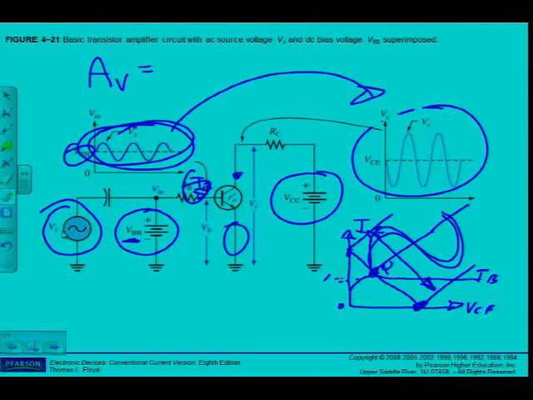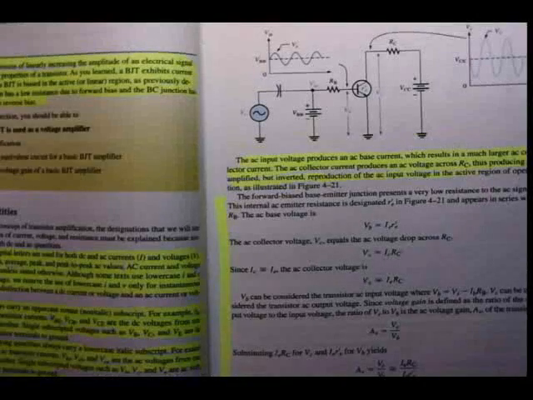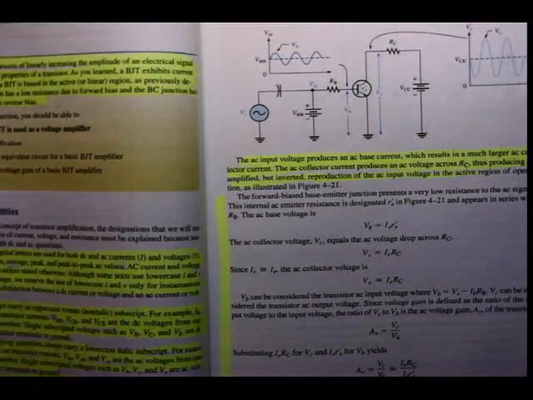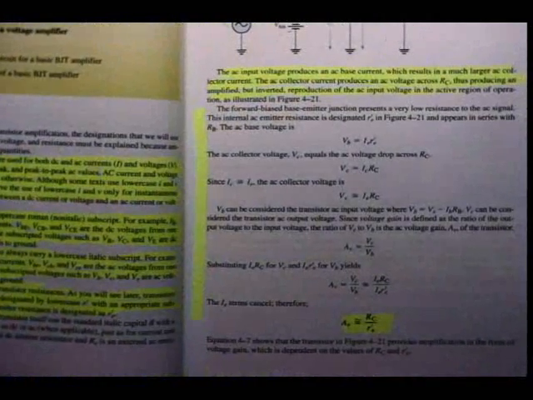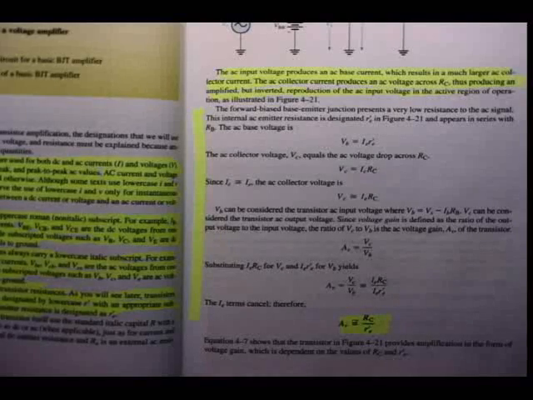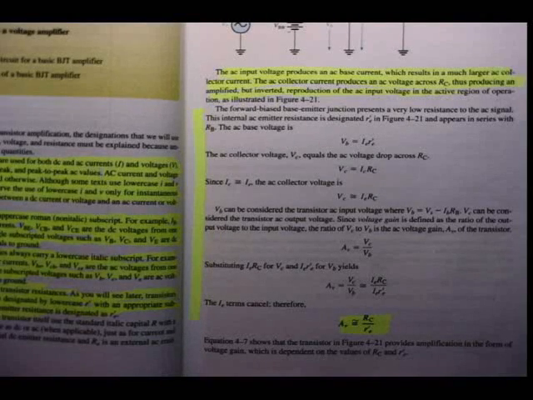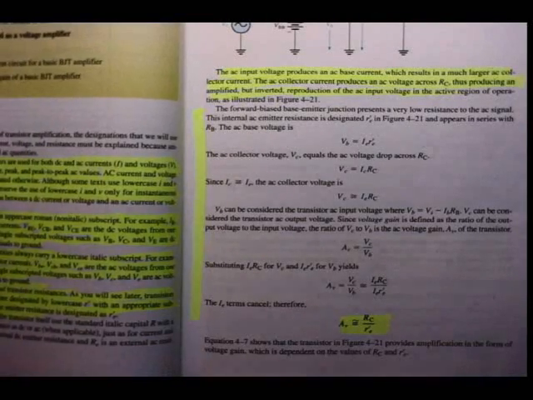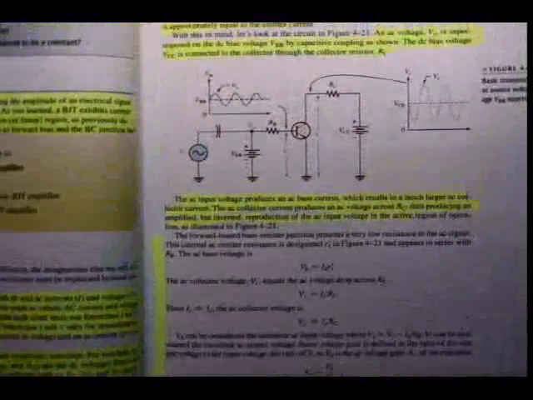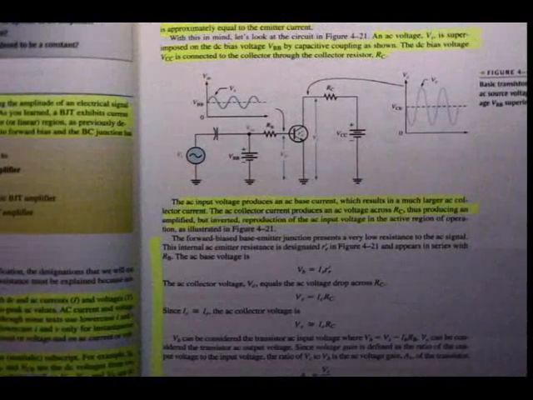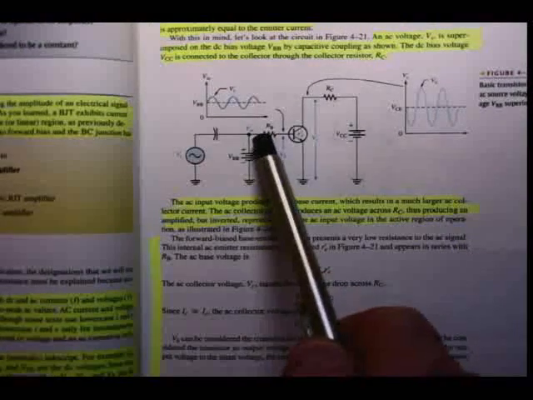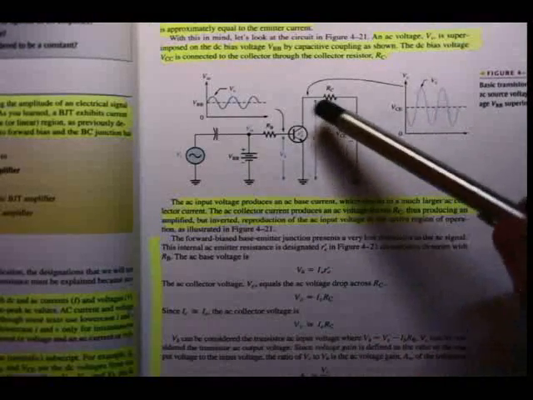You can refer back to page 181 in the textbook, and it discusses it there by using the formulas that we have basically discussed already for VB, VC, because I can see from the circuit in the textbook, the input is applied at the base and the output is taken at the collector.